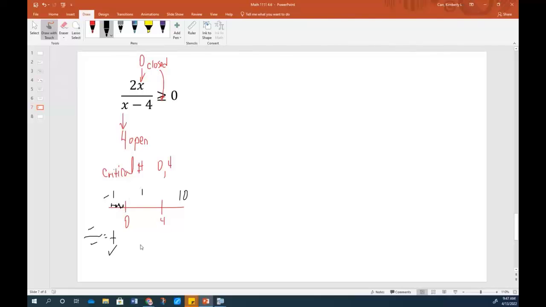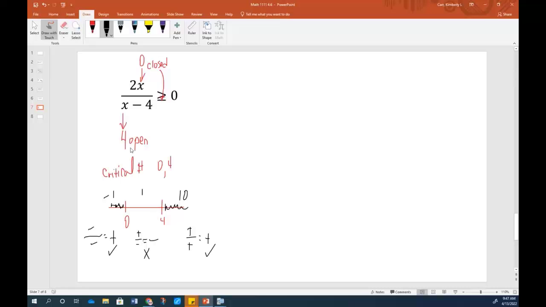So I know I want this section. If I plug in a +1, I get a positive over a negative, which is a negative, so that section doesn't work. I plug in a 10, I'll get a positive over a positive, which is positive, which does work.